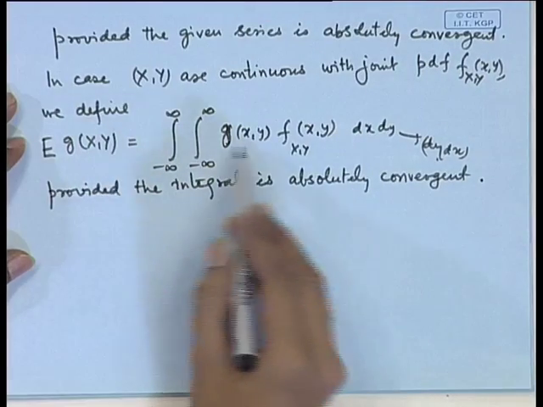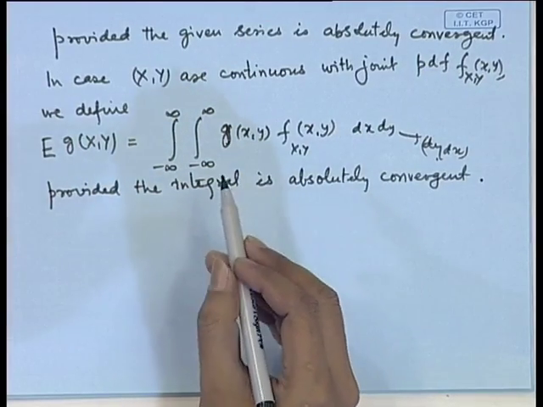So, in particular, given random variables X and Y, we can define expectation of X plus Y, expectation of X minus Y, expectation of log of X square Y, any type of function of the random variables X and Y, we can find out its expected value.